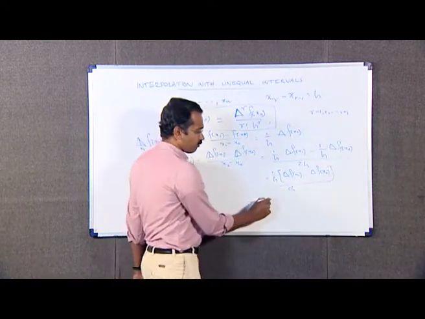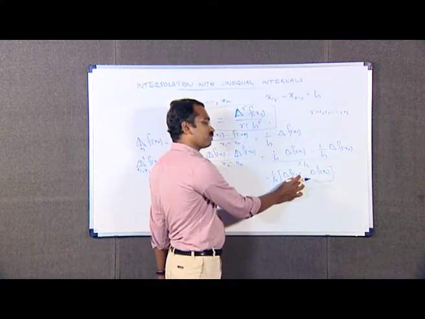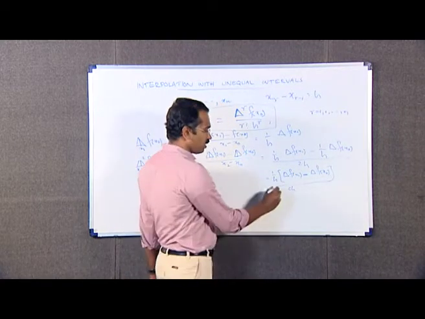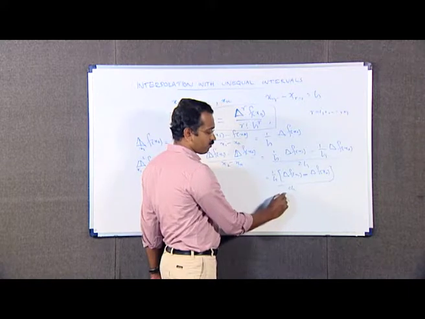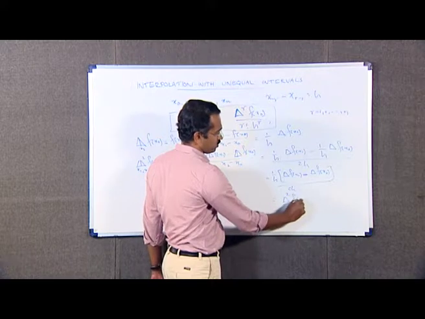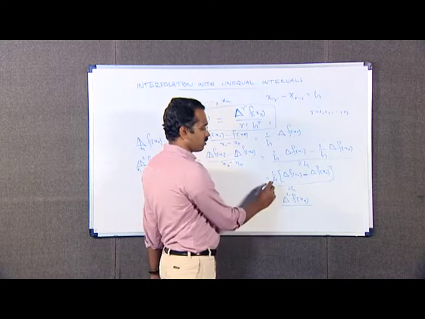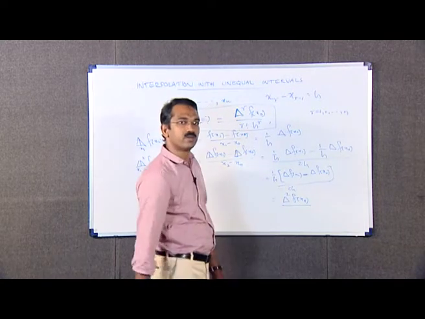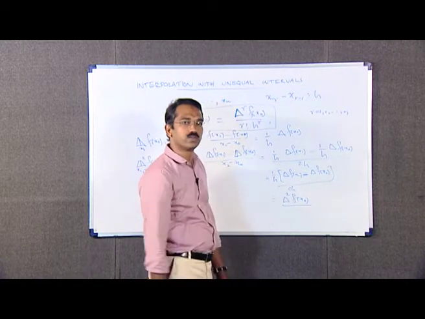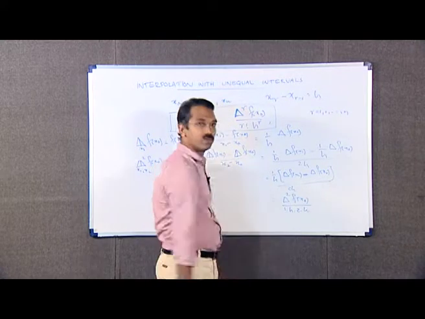By definition of forward difference, delta f of x1 minus delta f of x0 means the second order forward difference delta square f of x0, divided by 1 into h into 2 into h in the denominator.